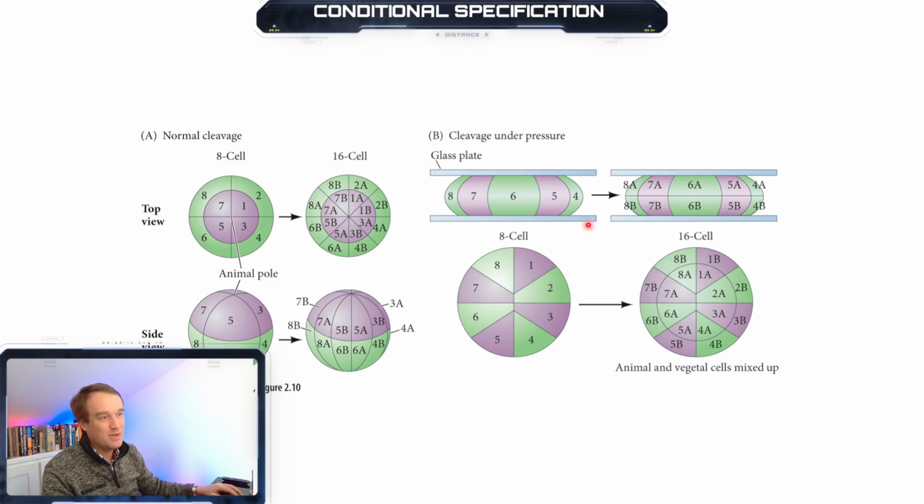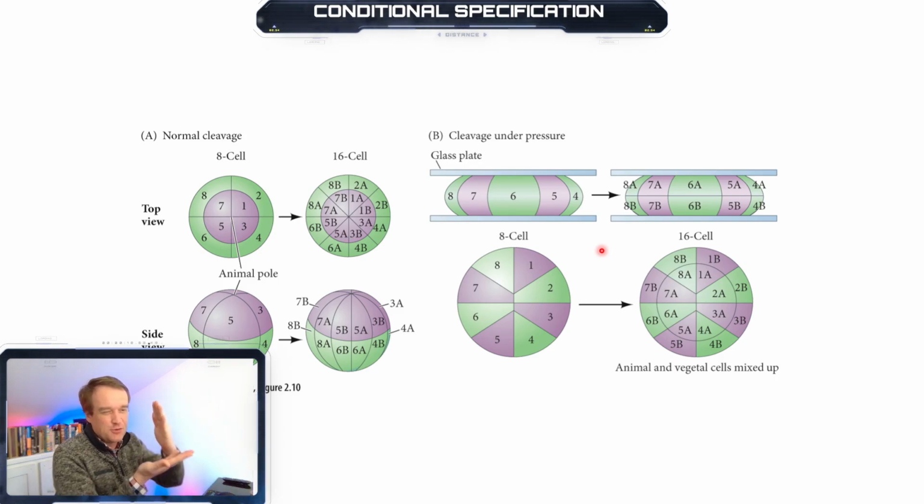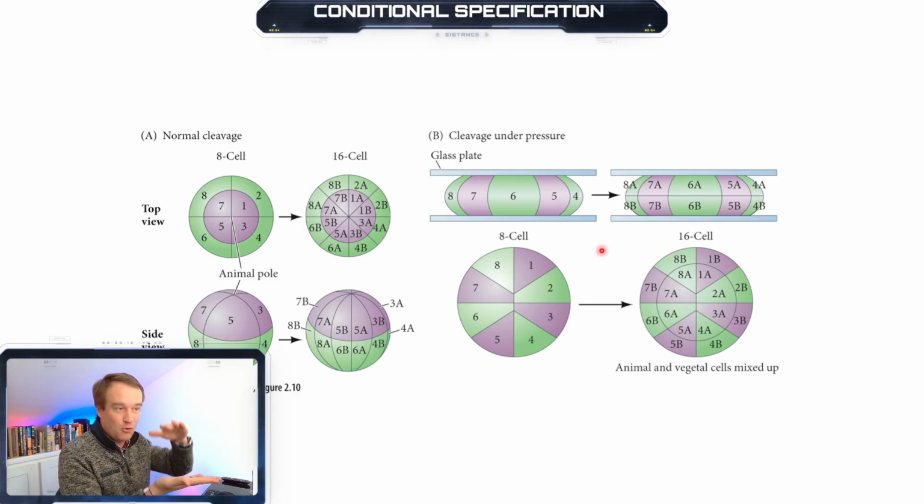blastocyst, in between glass plates, so that, remember, there's 3 axes for human cleavage, but 2 for some of these other species that we're talking about. So it restricted one of those axes, right? So it could only develop in a certain way because that plate is in the way from allowing it to go in that direction.